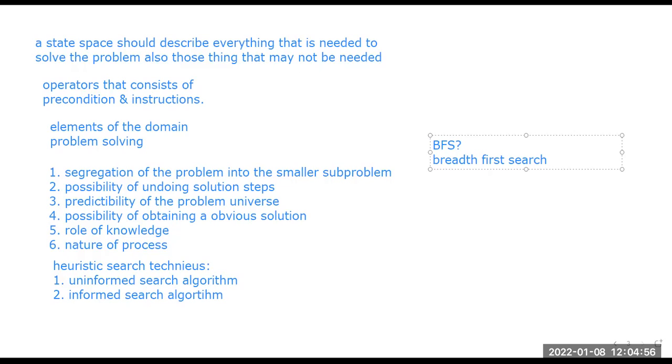And in this strategy, no viable solution is omitted, and therefore it is guaranteed that the optimal solution will be found. And the strategy is often not feasible when the search space is large.